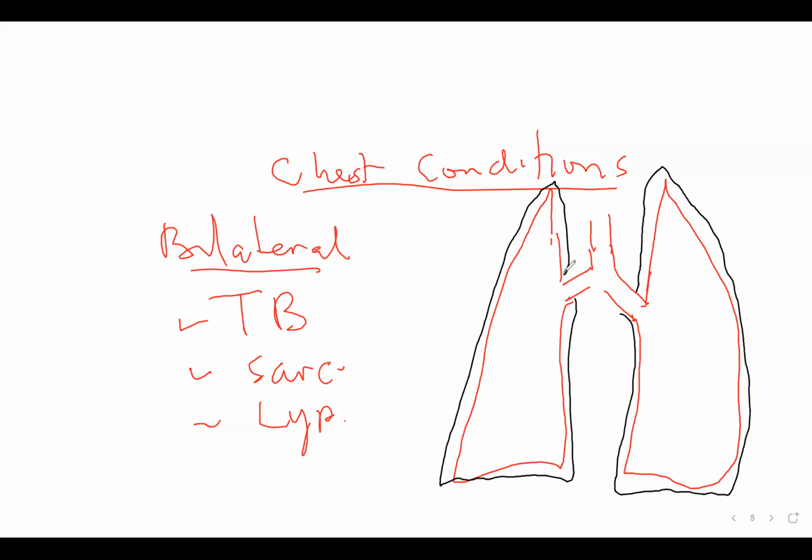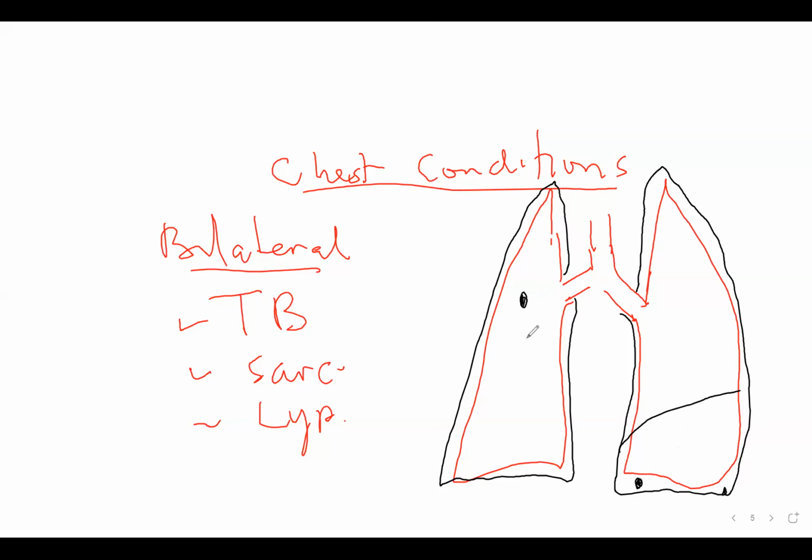Now, there can be accumulation of fluid in this pleural space that will obliterate this space. Okay, as it accumulates, it compresses on the lung, and that will cause homogeneous opacity.